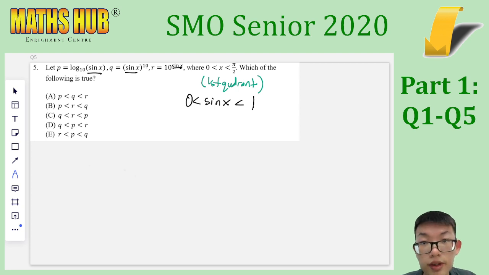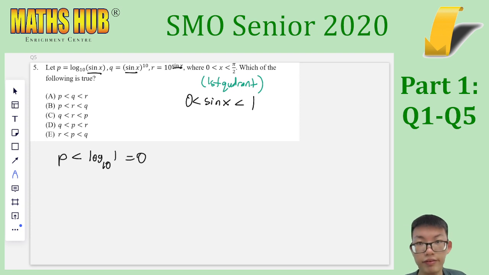Now first up, p is the logarithm of something between 0 and 1. That means that it is going to be less than log base 10 of 1, which is 0, so p is negative.